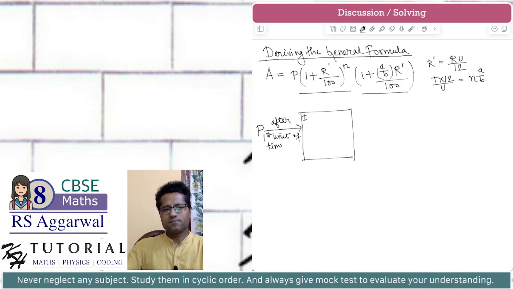We have I1 is equal to P R dash. Actually, there is a multiplied by 1, but I'm not writing it because it makes no sense. Since this is after one complete unit of time, we have 100. Then amount A1 is equal to P plus I1. Now I will have to make more space.